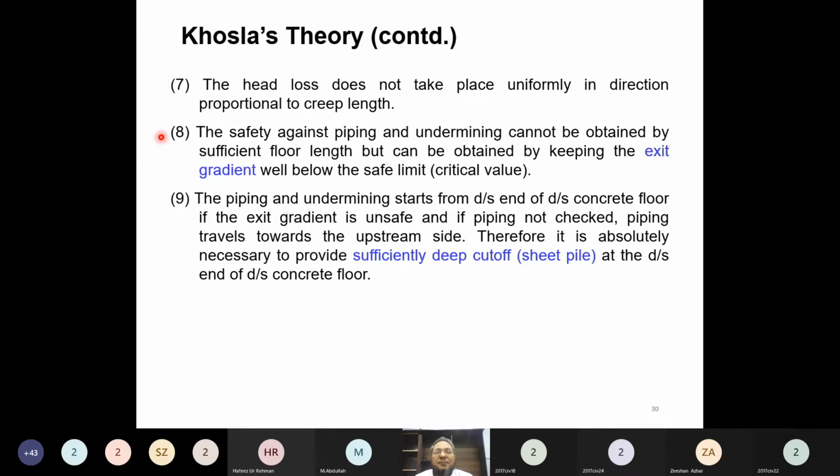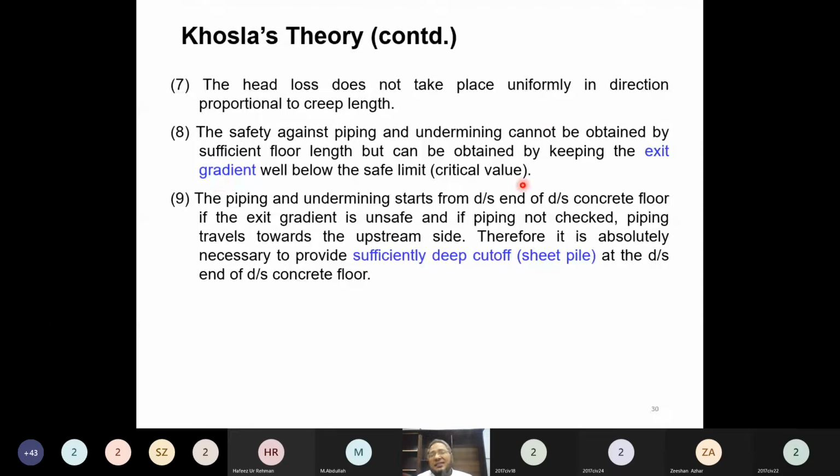The safety against piping and undermining cannot be obtained by providing sufficient floor length. By increasing the floor length, we cannot obtain safety against piping, but it can be obtained by keeping the exit gradient well below the safe limit.